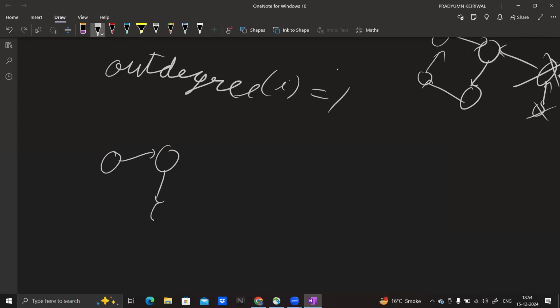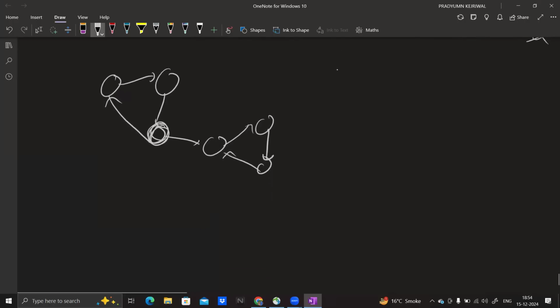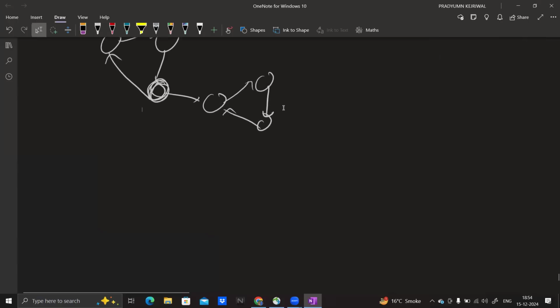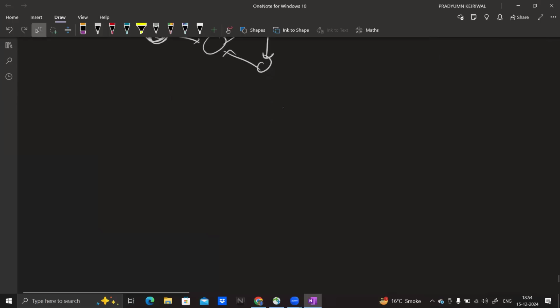Like the same component can't have multiple cycles. The thing is that it can't happen like this, because this node will have two out degree, right? So what I'm saying is that each component will have just one cycle, and some nodes will be in that cycle and some won't, and the ones who aren't, we just need to check when will they die, right? I hope it is clear.